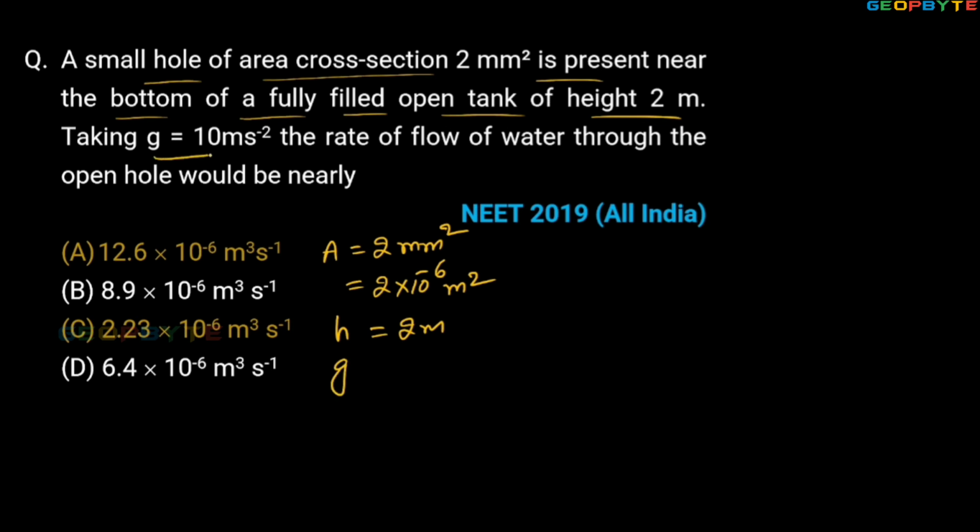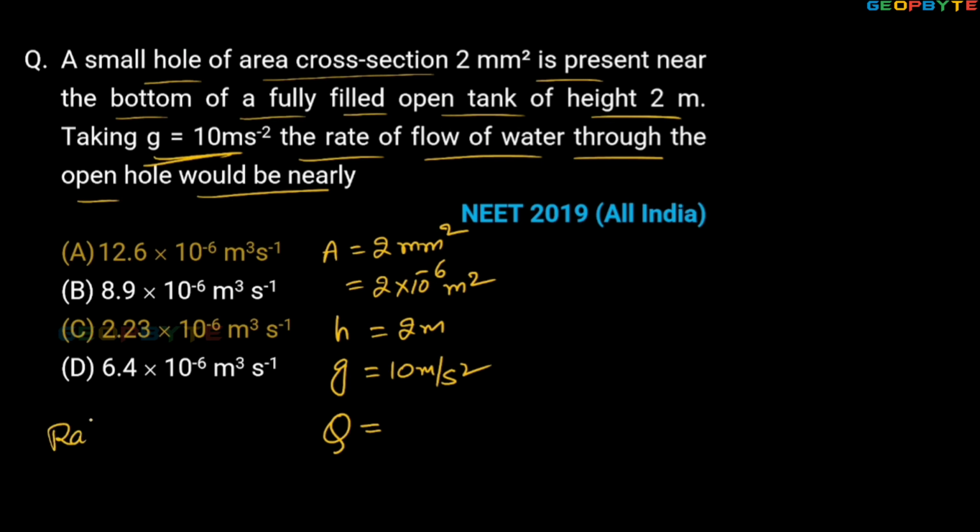Taking G equal to 10 meter per second square, the rate of flow of water through the open hole would be? The rate of flow of water Q, also called discharge, equals area multiplied by velocity.